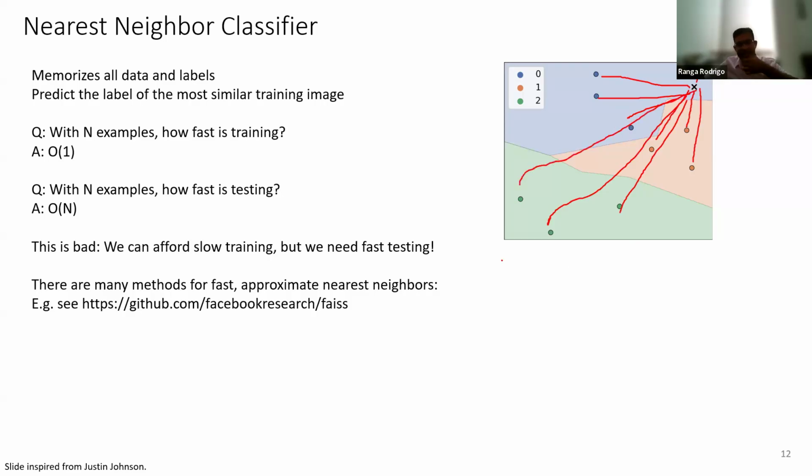So how many training examples are there in this? 1, 2, 3, 4, 5, 6, 7, 8, 9, 10. N is equal to 10.